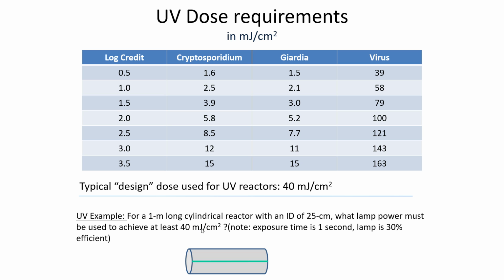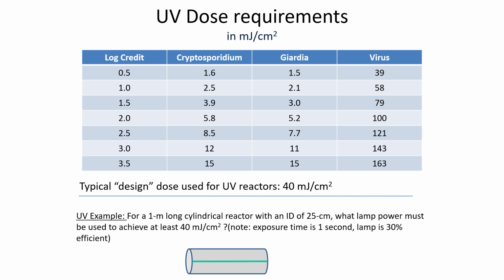And the units here, 40 millijoules per square centimeter, that is the same as 0.040 joules per square centimeter. And so we want to know what is the overall power. Then it's going to be 0.040 joules per square centimeter multiplied by the area.